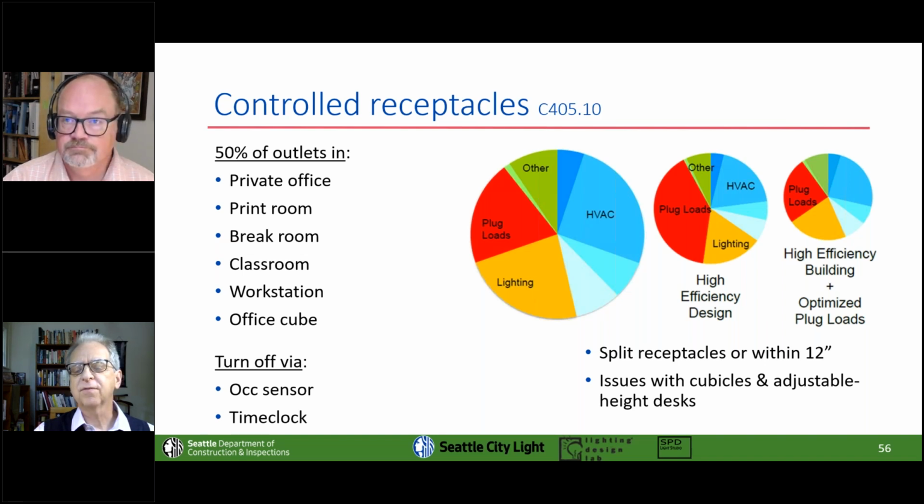You can have split receptacles, with the top half switched and the bottom not, which I've found is the most popular because users get pretty quickly tuned into the fact that the stuff on the top turns off at night, and the stuff on the bottom, which is your classroom aquarium, your little server and so forth, gets plugged into the stuff that's on 24/7.